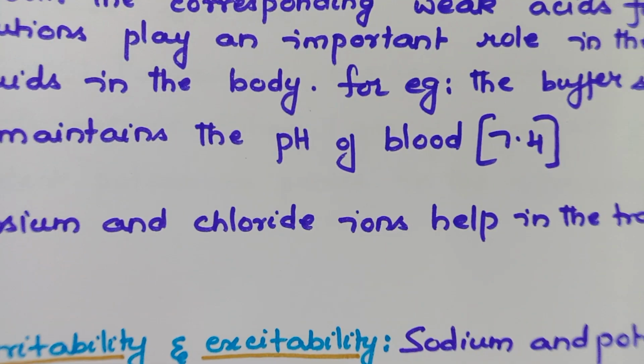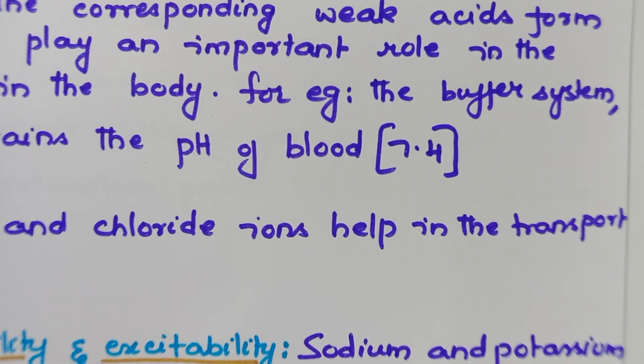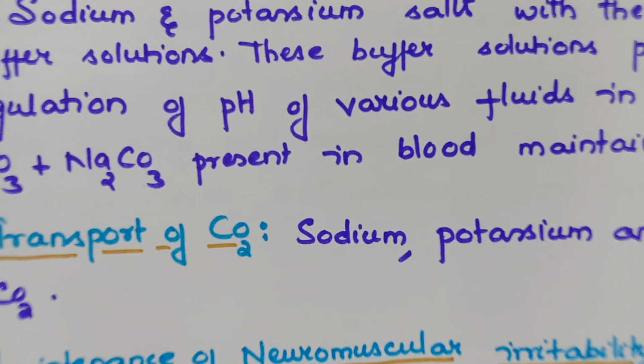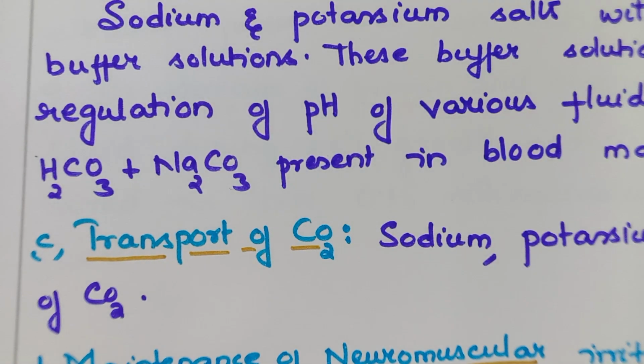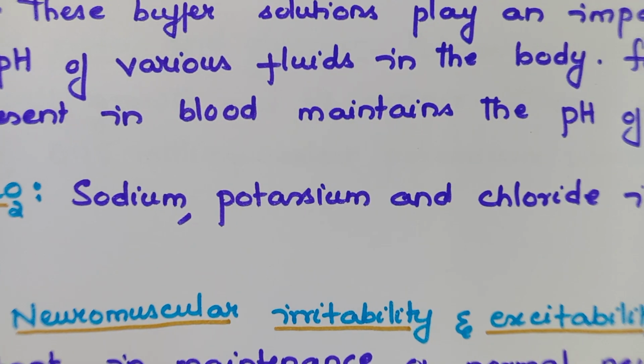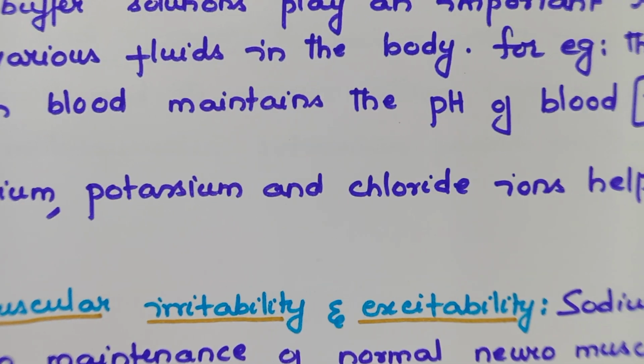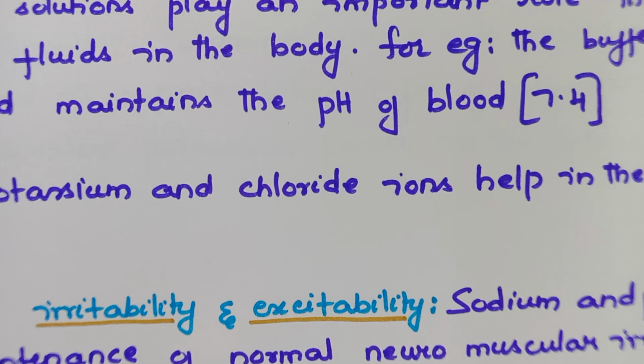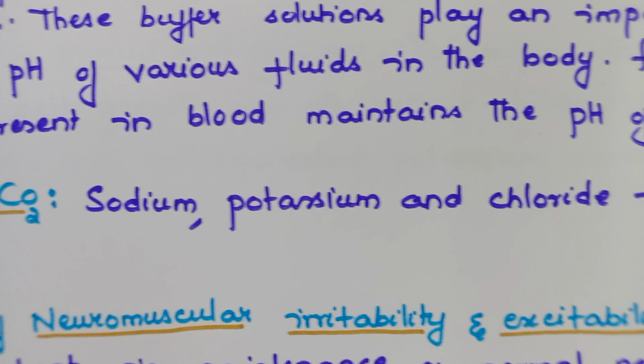For example, the buffer system H2CO3 plus Na2CO3 present in blood maintains the pH of blood (7.4).